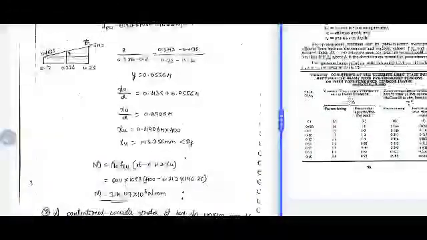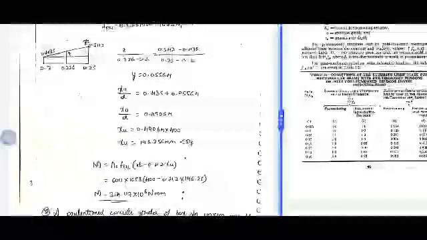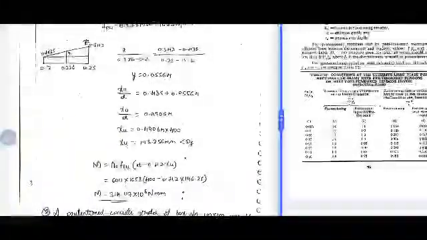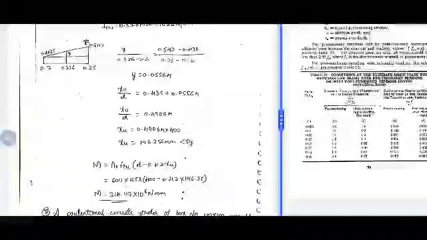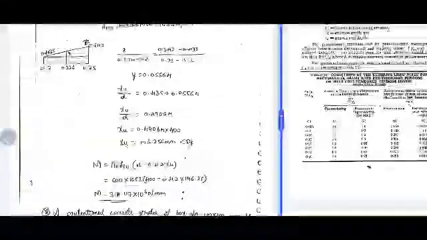On interpolating, we will get XU by D ratio as 0.49064, XU value 196.256. So substituting in the equation, moment M equals AP FPU into D minus 0.42 XU, we will get 314.97 into 10 power 6 Newton mm.